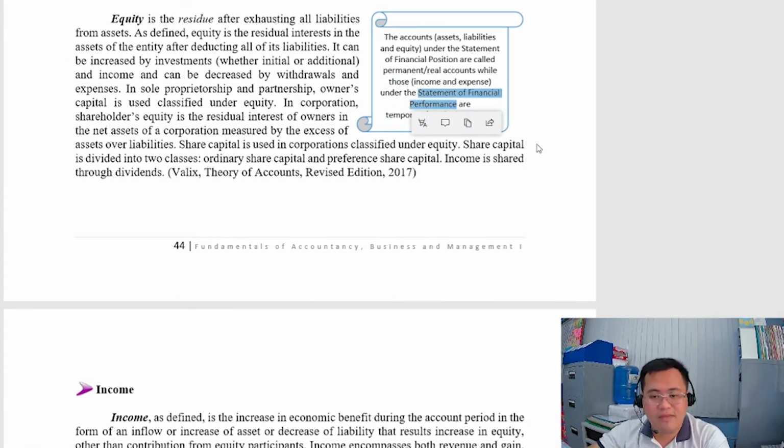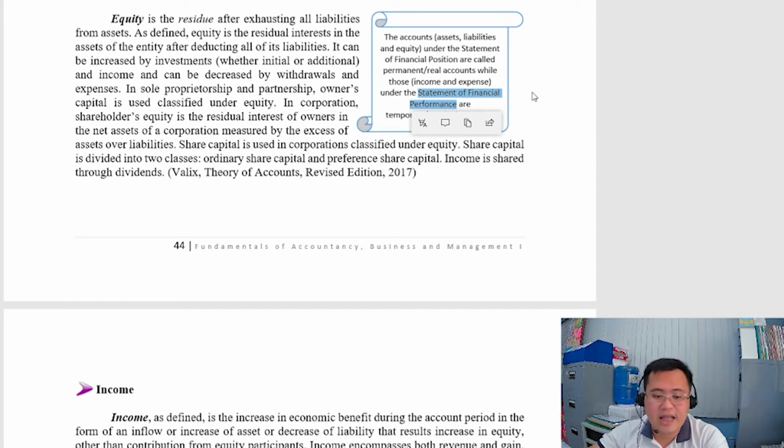Again, the statement of financial performance has only temporary accounts, while the statement of financial position has permanent accounts. At the end of the accounting period, we'll only be seeing assets, liabilities, and equity because our income and expense temporary accounts are closed to our equity accounts at the end of the accounting period.